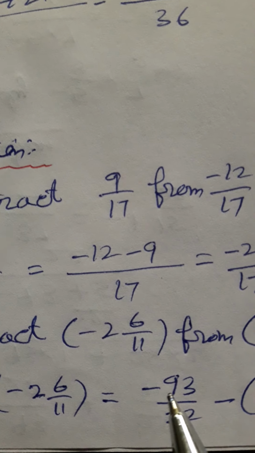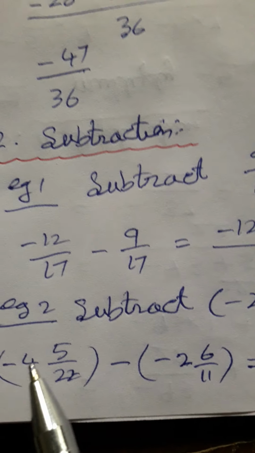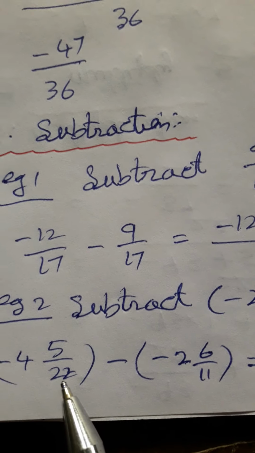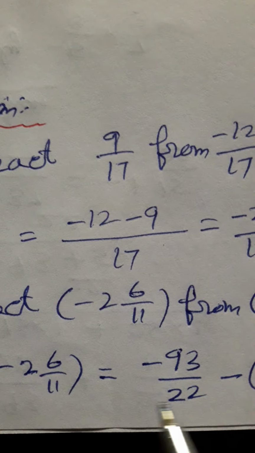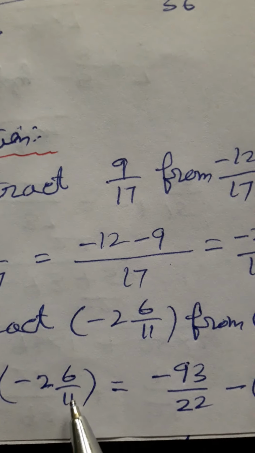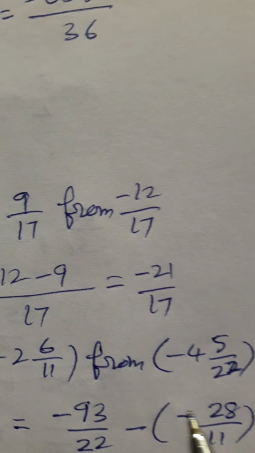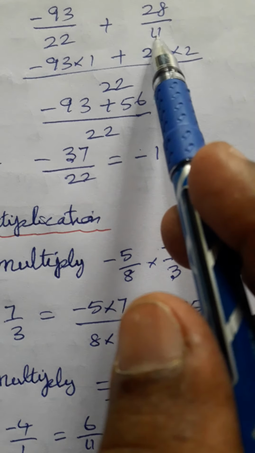Convert into single fraction. We get minus 4 22s are 88 plus 5, minus 93 by 22, minus of minus 2 11s are 22 plus 6, 28. So minus 28 by 11. We get minus 93 by 22 plus 28 by 11.